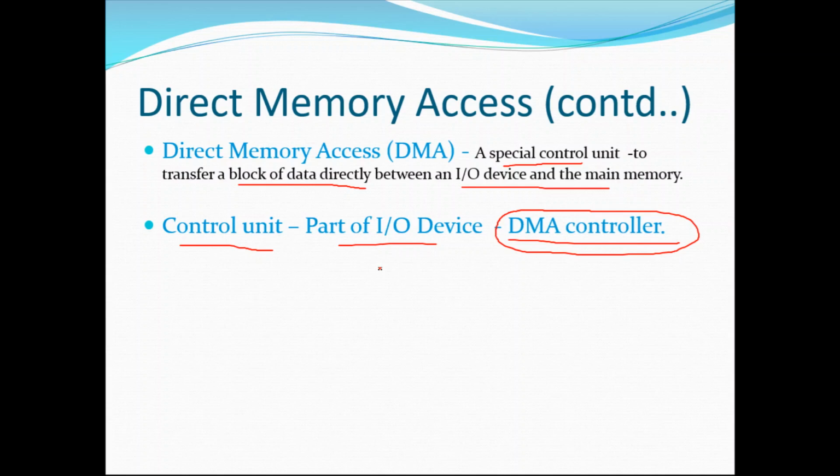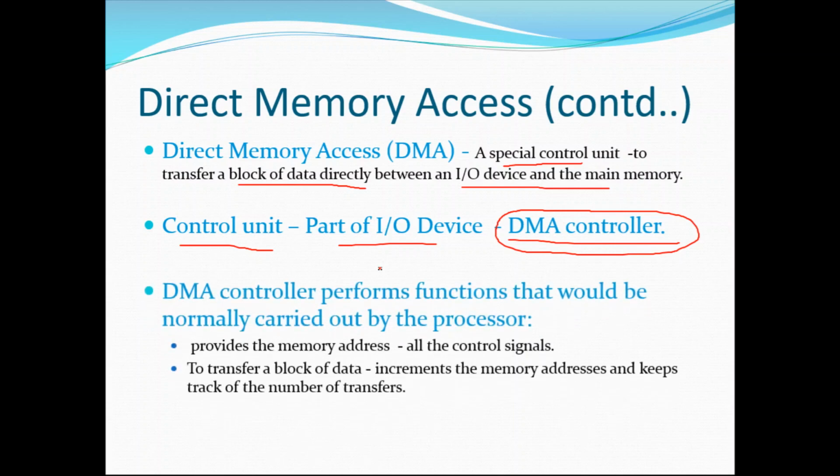If you are using that controller to transfer data between the IO device and main memory, that concept is said to be direct memory access. The DMA controller can perform all operations that are normally done by the processor in terms of data transfer between memory and IO device.